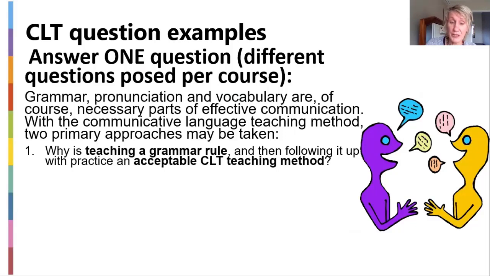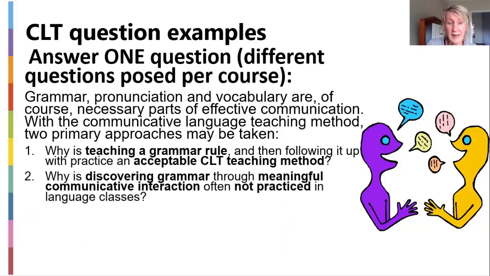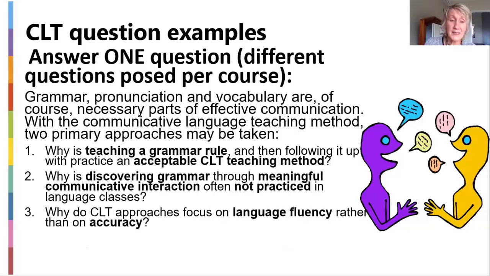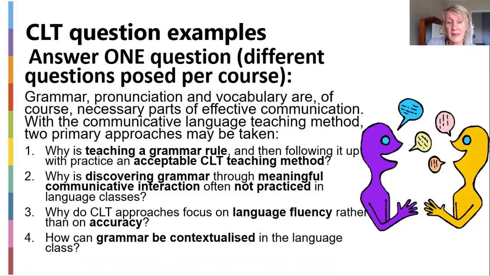It could have been, why is discovering grammar through meaningful communicative interaction often not practiced today in the classroom? Or why do CLT approaches focus on fluency rather than on accuracy? How can grammar be contextualized in the language class?